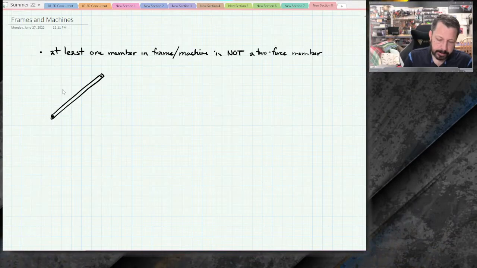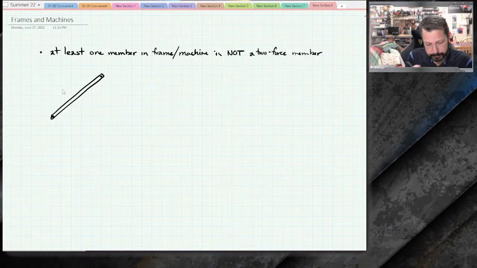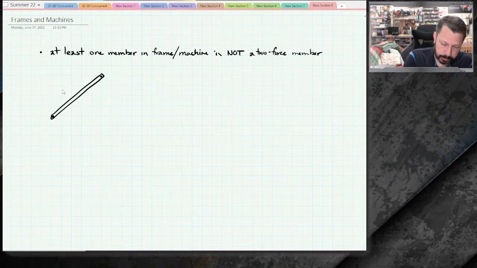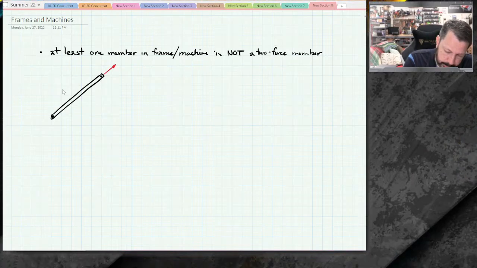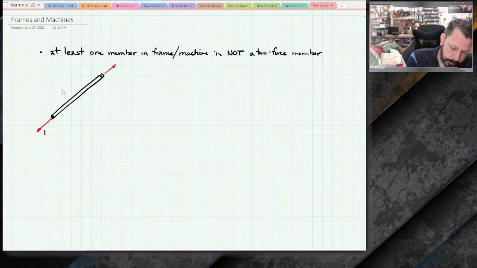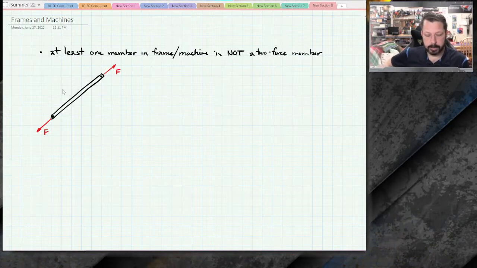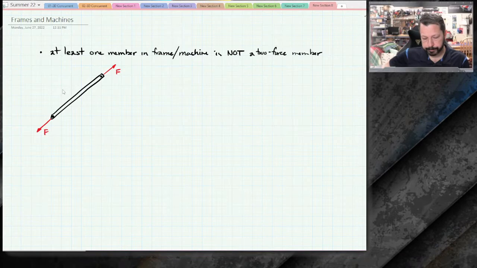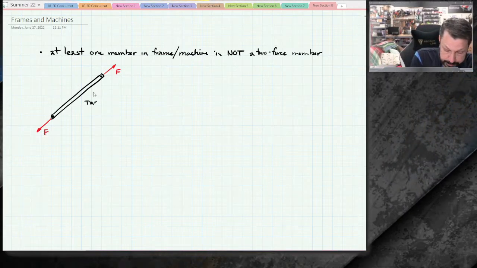And there are only 2 pins. So when we have that kind of setup, then that particular piece is a two-force member. And it meant that we could say that there's one force and another force over here, and they both happen to have the same magnitude but opposite directions because they balance each other out. They don't have to be in tension like I drew. They could be in compression. So that's the idea of what a two-force member is.